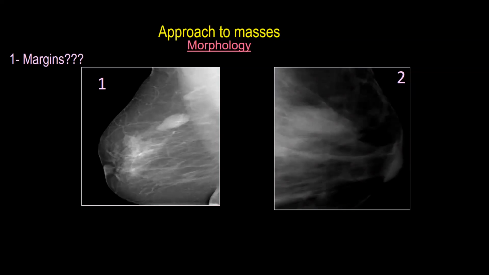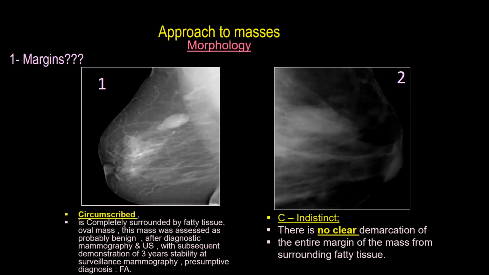But regarding these more important descriptors of the mass, we want to take more examples. On the right is circumscribed. On the left is indistinct. Excellent, well done. The circumscribed one was a fibroadenoma, and the indistinct was cancer. Both are my cases.